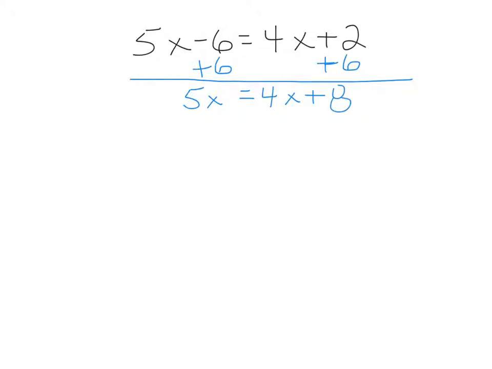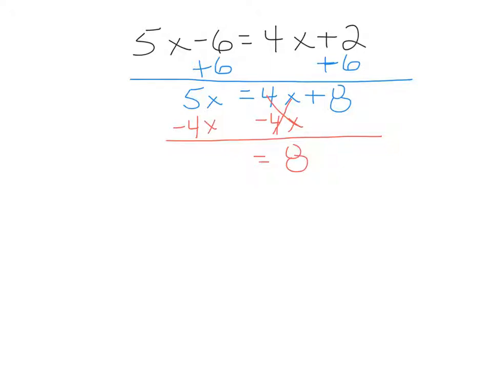I still want to combine the x's. So now I'm going to subtract 4x from both sides. As soon as I subtract 4x from the right-hand side, the 4x minus 4x cancel each other out. I'm just left with 8.